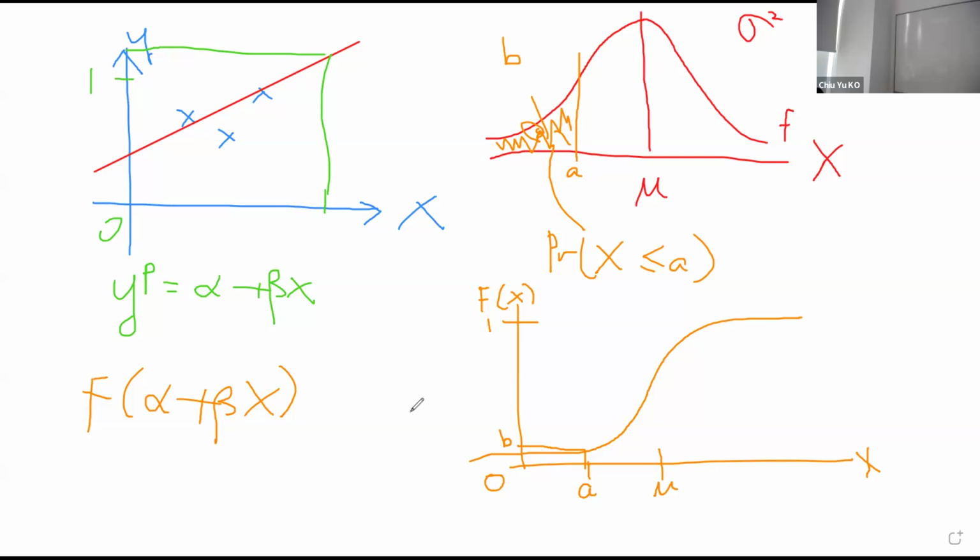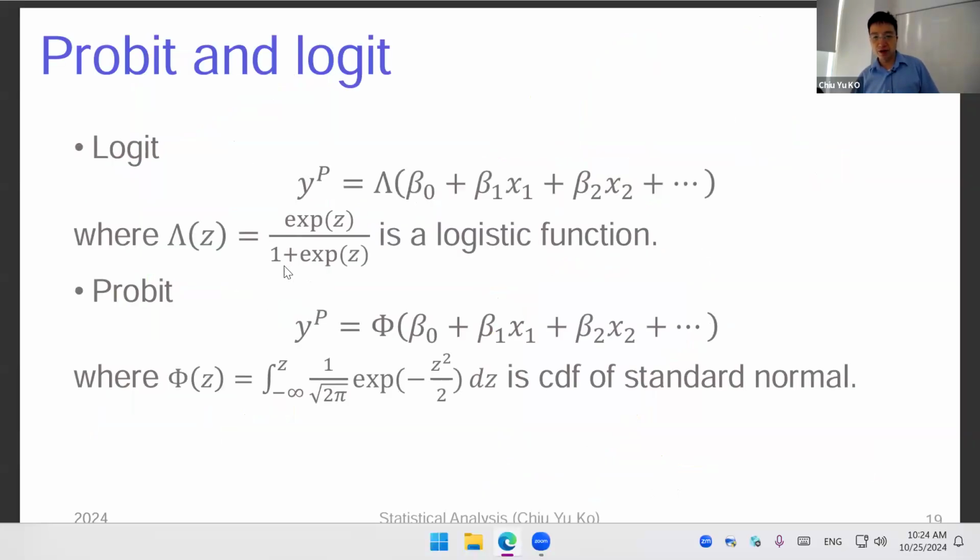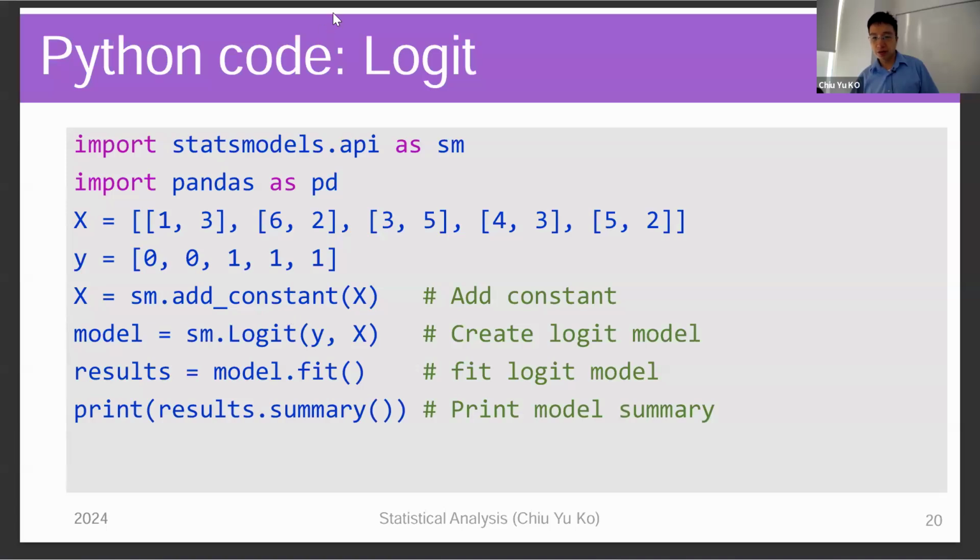But I just want to review what is there, because what I want to say at the end, you run a Python code anyway, right? If you look at the Python code, what we will do is just change from OLS to Logit, and that's it. That's done, right? In terms of math, that is very simple.